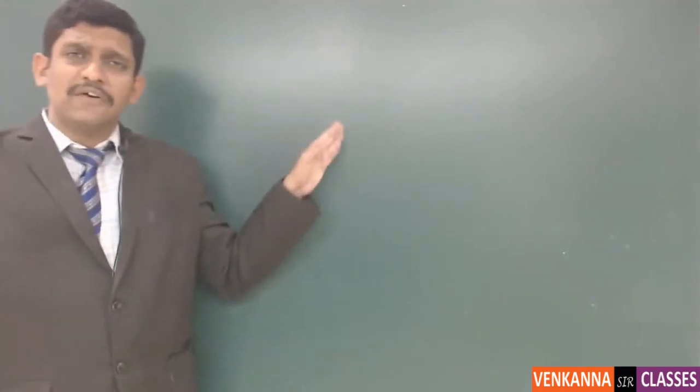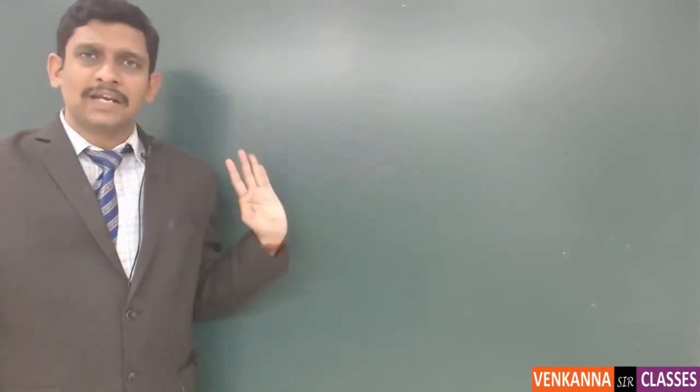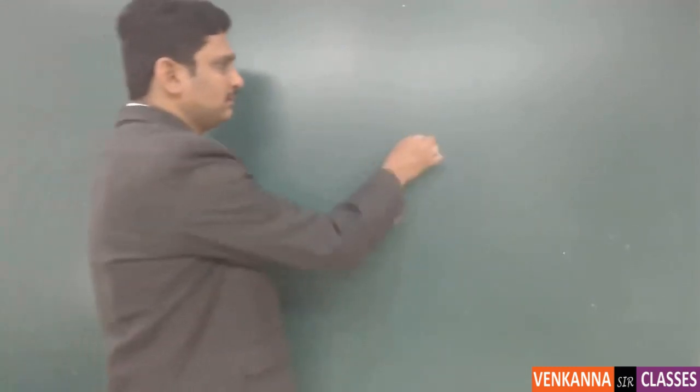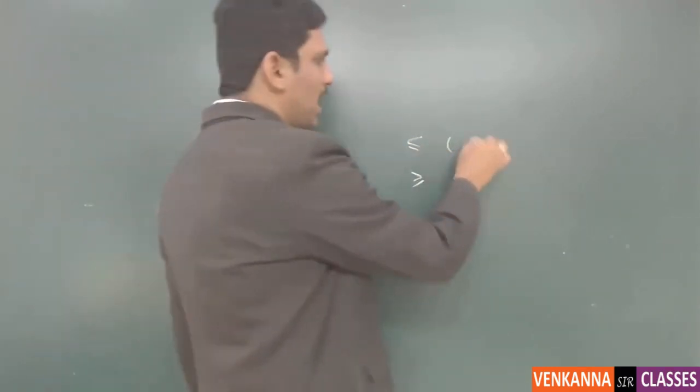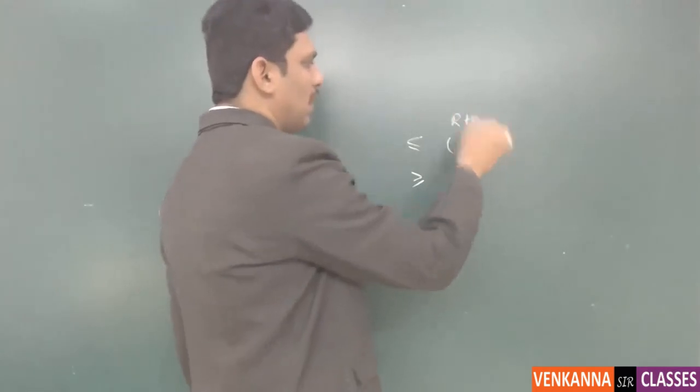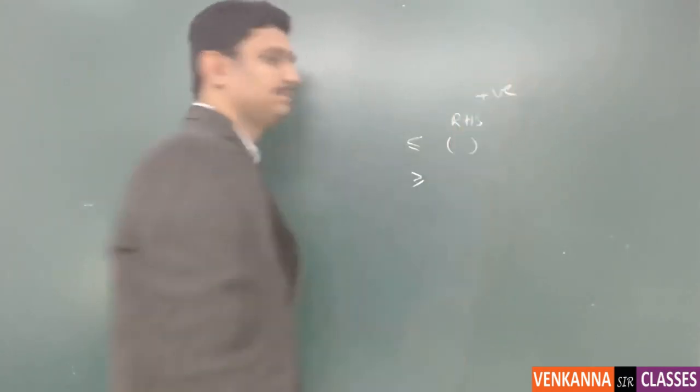We are not changing the signs in the constraints. Please understand that. We are not changing the signs in the constraints. And one more thing, whenever you have any inequality of greater than or equal type, we should understand that on the RHS side, you should always have positive things.